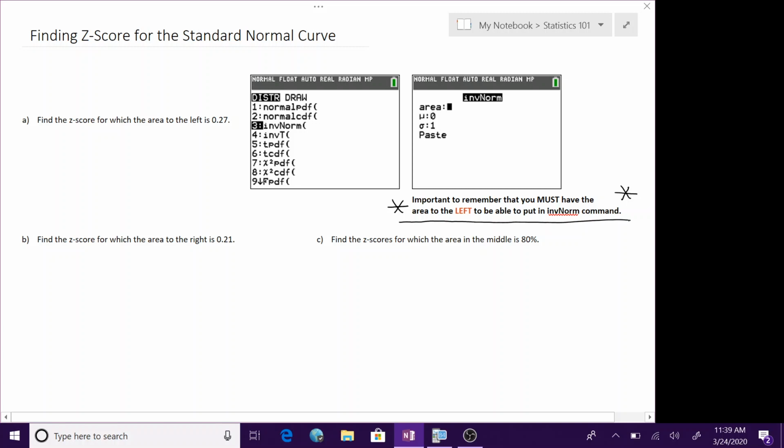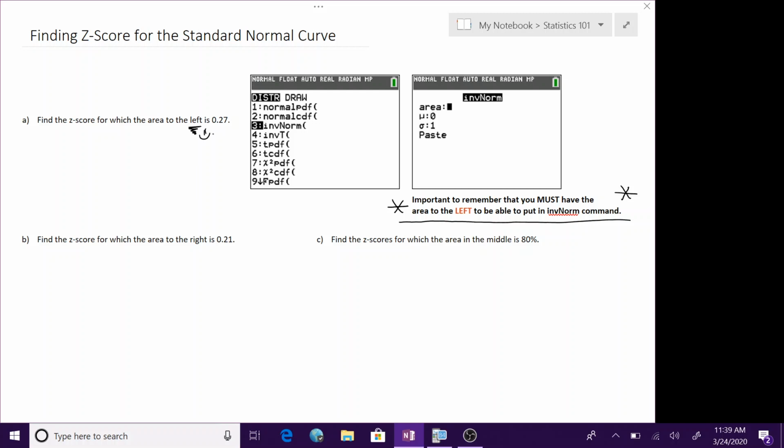If you notice right here, it says for our a value, find the z-score for which the area to the left is 0.27. Now it says to the left. We're happy with that. That's what we need. We need the area to the left, so the problem already gives it to us.